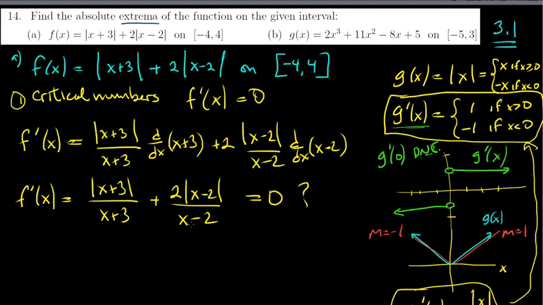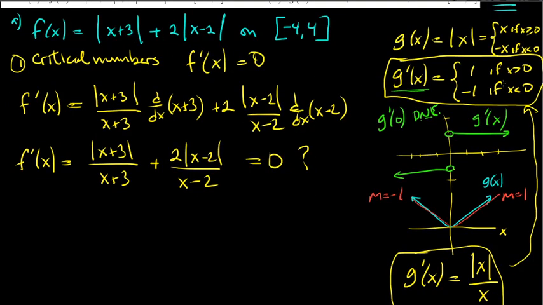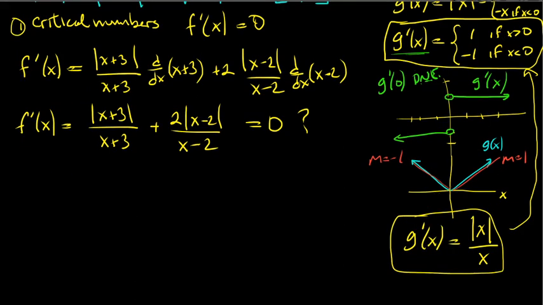Now, for this function here on the left, it's probably not going to be 1, because you're multiplying by 2, so the derivative might be 2 or 3 or something like that. But it's not going to be 0. The derivative is never 0 here, even at the origin. Remember we said the derivative does not exist. It's not 0. So where does this equal 0? The answer is it isn't. Never. It's never 0.